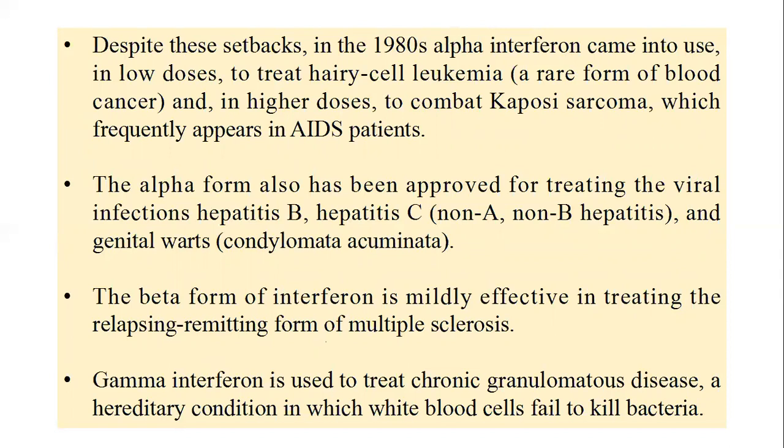The beta form of interferon is mildly effective in treating the relapsing-remitting forms of multiple sclerosis. And gamma interferon is used to treat chronic granulomatous disease, a hereditary condition in which white blood cells fail to kill bacteria.